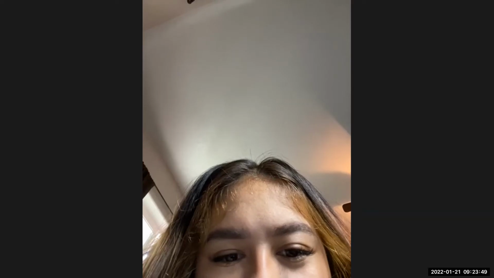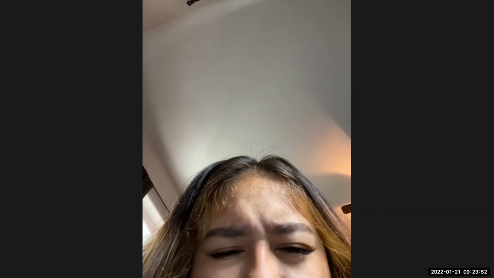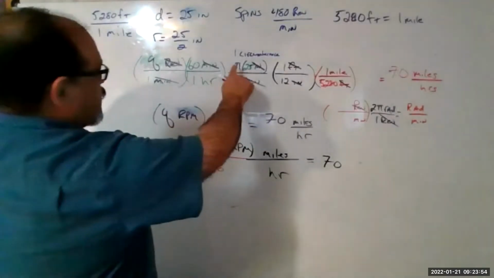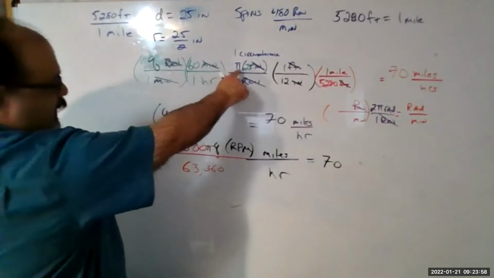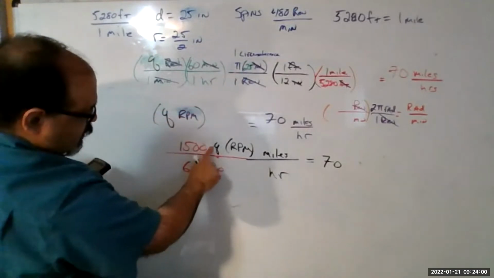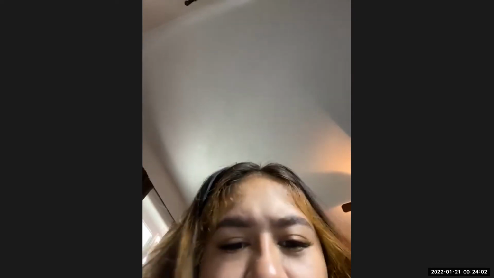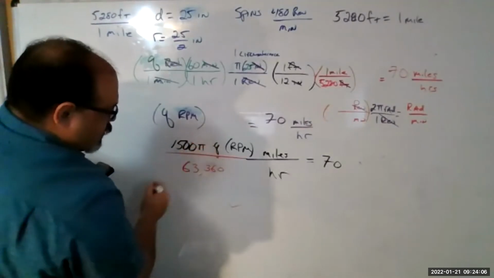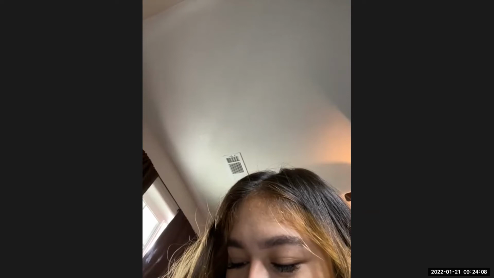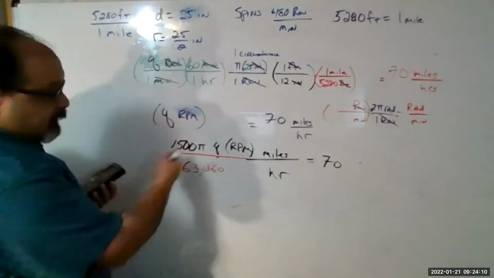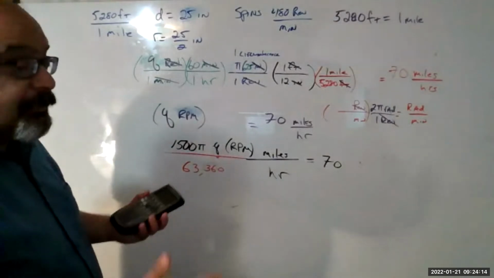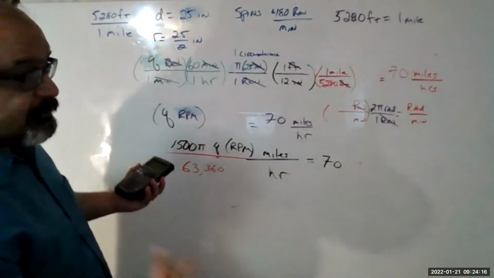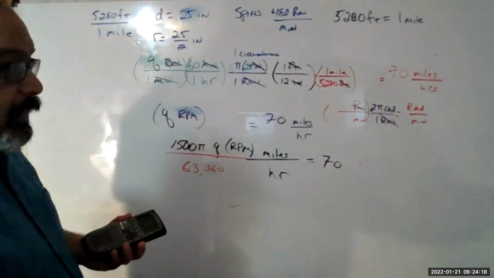I got lost. How did you get the 1500? So 1,500 is the 25 times the 60 times a pi. Oh, I multiplied the pi with it. That's why. And that's okay. You have decimals, but here's what's kind of nice, and this is what I make a big deal about during the semester.